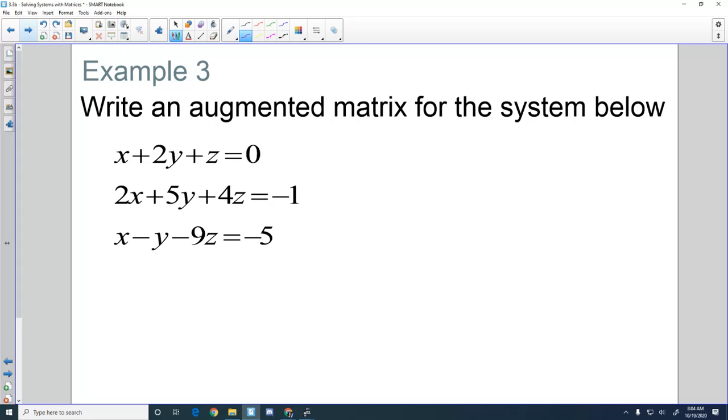You're just making a 3x4 matrix with all the numbers. It's already in standard form for you. Just put all the numbers in a matrix. And that's really it. That's all there is to making an augmented matrix. You all can do this. I know it.